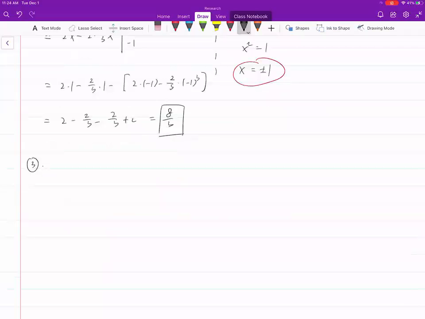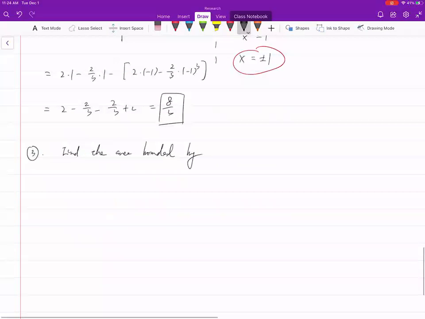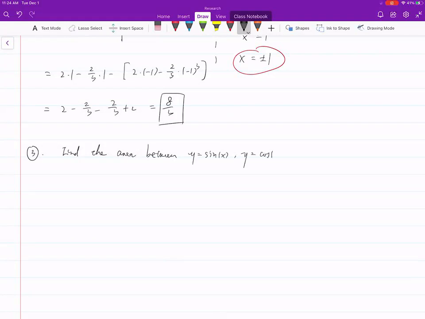Now let's take another example. Okay, find the area between, or let's say bounded by, let's not say bounded by, I would say between sin x and cosine x on the interval 0 to pi over 2.